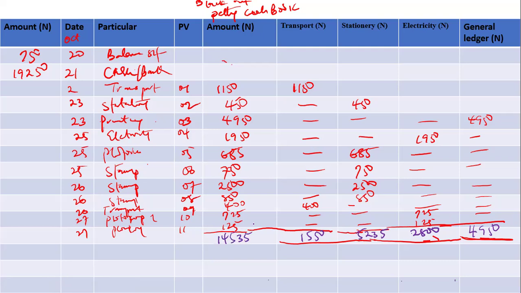So, as the week comes, we will now have a balance of 5,465. Looking at that amount, that is the balance for you to start the next week.